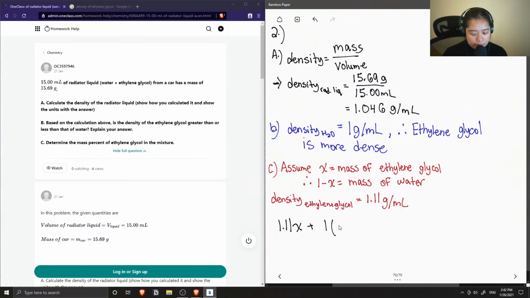And the water is described as 1 minus X. And if we were to add these values up, we get the density of our radiator liquid. So now let's just plug that value in.